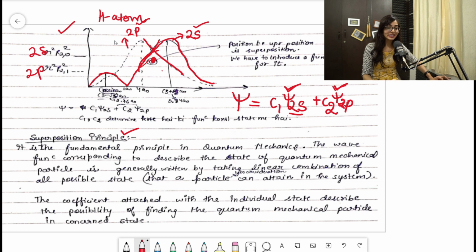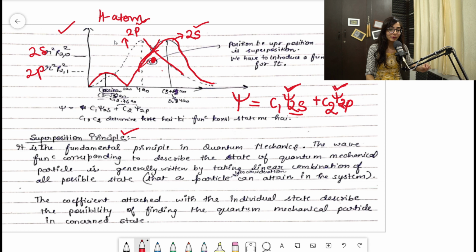So guys, this C1 simply defines the probability of finding the particle in the 2s orbital, because you know that we can't explain the exact location or exact position of a quantum particle. You must know that we can never define it, at least for now, because any discovery can be possible later on, but for now we can't describe the exact position of any particle.